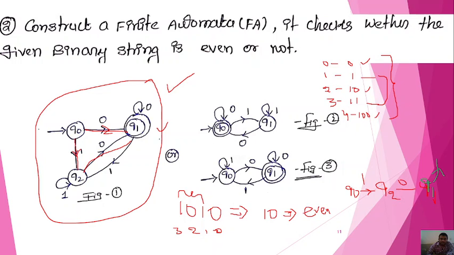From q1 on 1 it goes to q2. Now we are at q2 and the last input symbol is 0, so q2 on 0 goes to q1. So when we read the string 1010, we finally reach q1, where q1 is the final state. That means this string is accepted, because it is an even number. So this is the process of constructing the finite automata to check whether the given binary number is even or not.